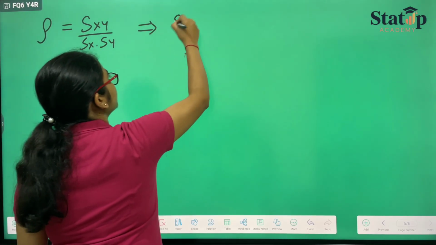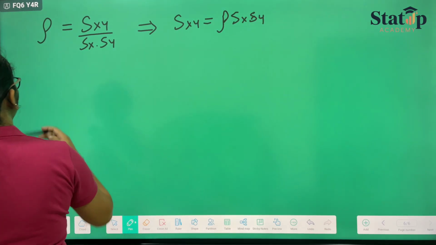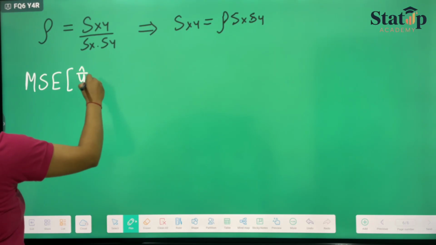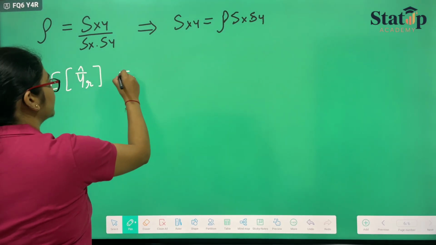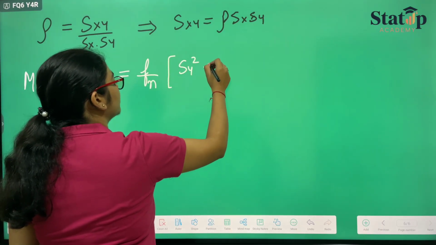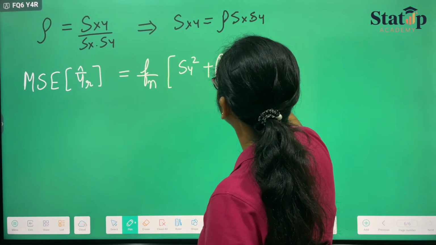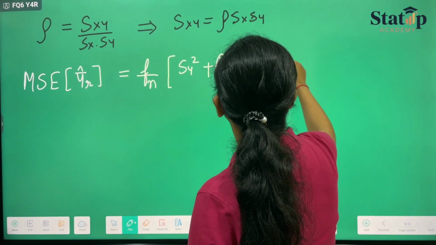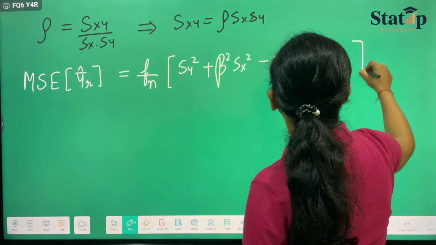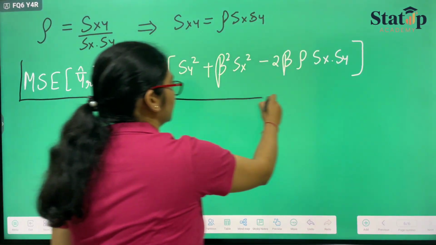So we can write Sxy as rho Sx Sy. Substituting the value, we will get the mean sum of square errors of the mean of the regression estimator as f by n into Sy square plus beta square Sx square minus 2 beta rho Sx Sy.